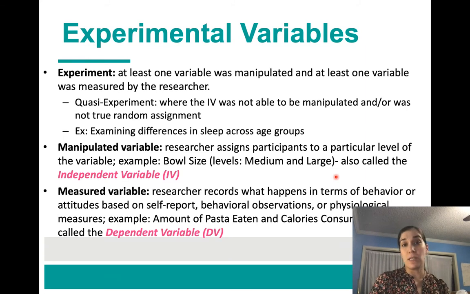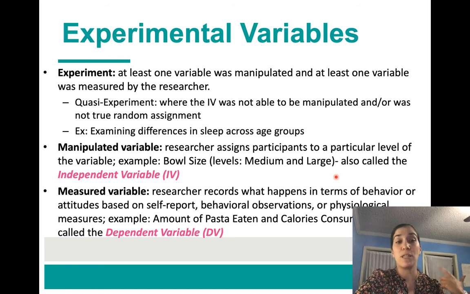So just to elaborate, a manipulated variable is typically the thing that a researcher assigns you to that group, something that they are manipulating, something that they are adjusting. In the pasta study, for example, the manipulated variable is the bowl size. That's the independent variable.